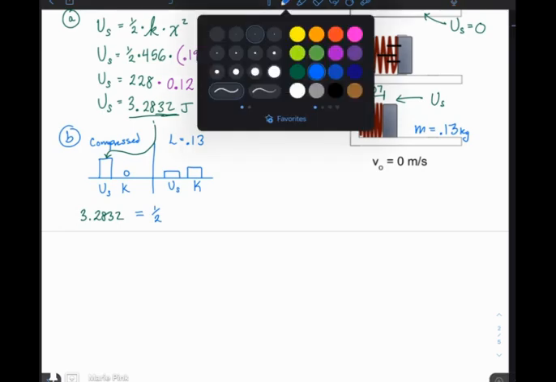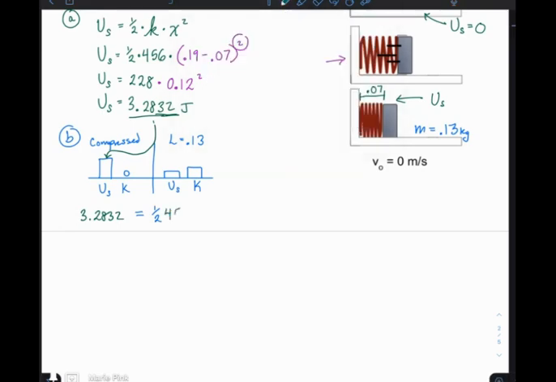My k was 456. And then for this part here, I need to do how much my spring is no longer compressed. And what's weird here is that I inadvertently made the new length 0.13 and the mass 0.13, so don't get confused.